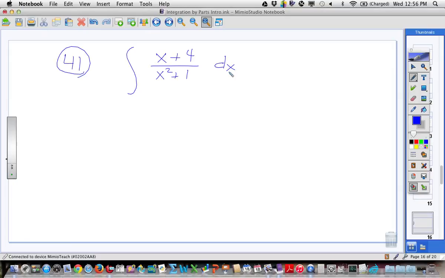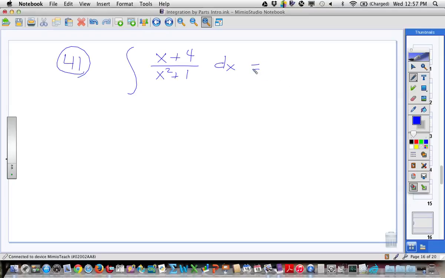So, what else? Okay, let's back up here a minute. So what did I say for the gateway test? The first thought is, is there anything I can do algebraically to rewrite, split it apart, something like that?